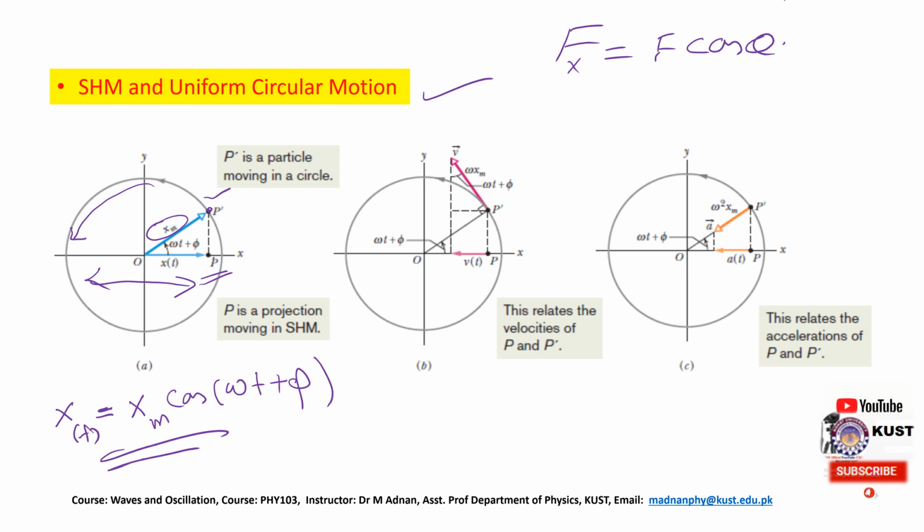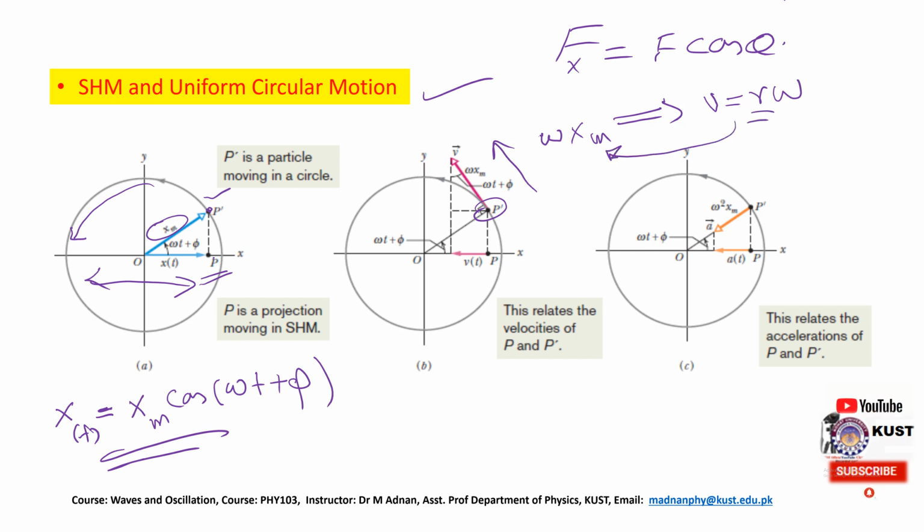Now, for the velocity expression, if we assume this figure at point P prime, the velocity is omega times xm. Generally, for uniform circular motion, we know that v is equal to r omega, r being the radius.